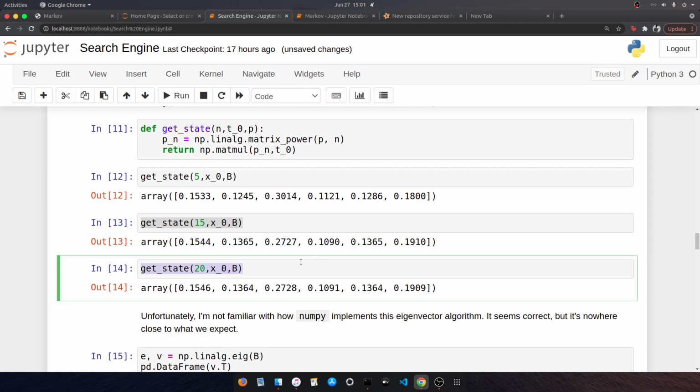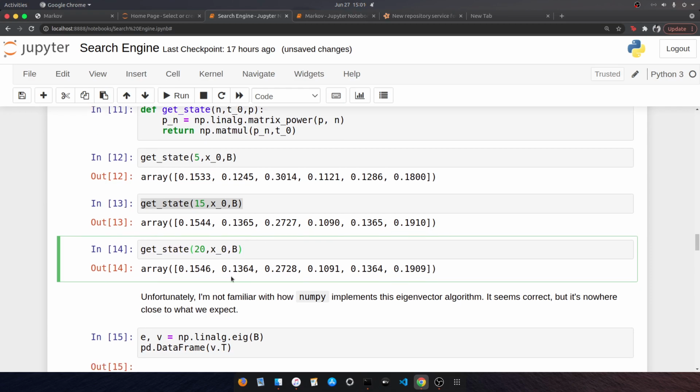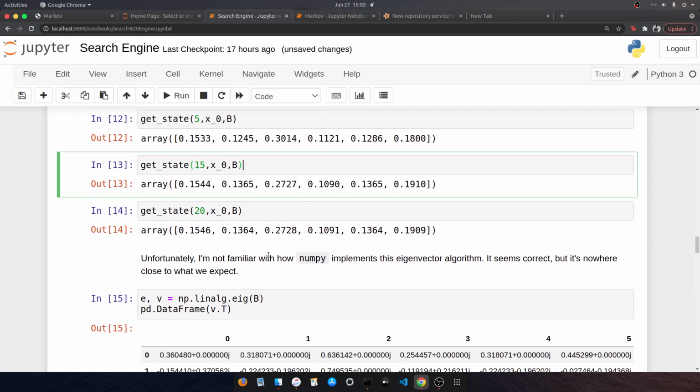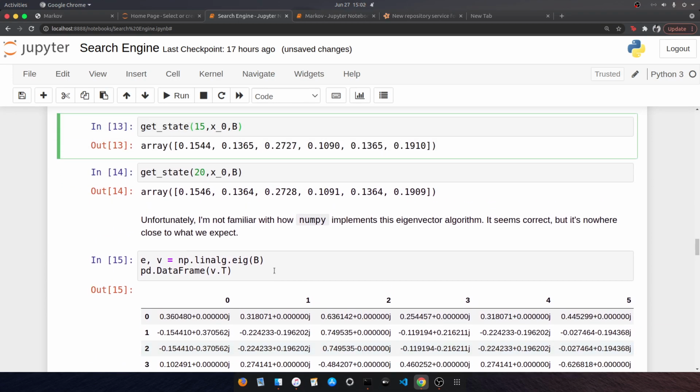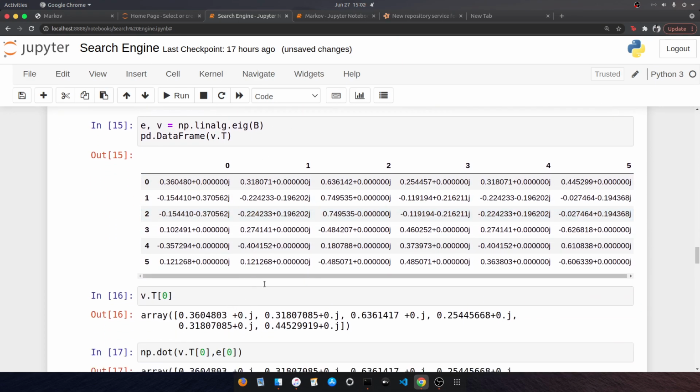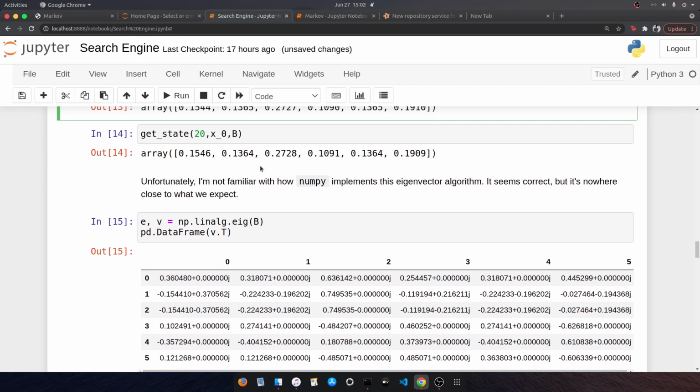And also, it's mentioned in the book that x raised to k is actually an eigenvector for the transition matrix B. I tried to implement it, but unfortunately, I think it's how Python computes the eigenvector. So yeah, I'm not getting the expected result.